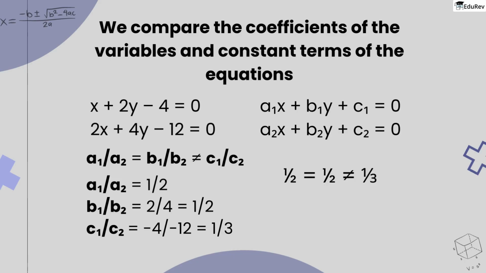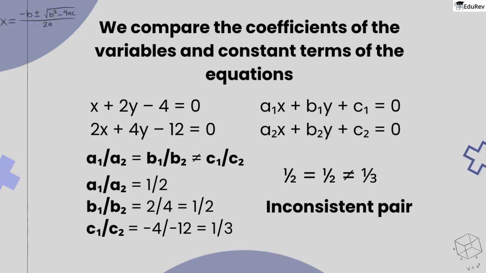We can see that 1 by 2 is equal to 1 by 2 is not equal to 1 by 3, which satisfies the condition a1 by a2 equals b1 by b2 is not equal to c1 by c2. Therefore, the lines of the equations are parallel and they have no solution. We conclude that they are inconsistent.